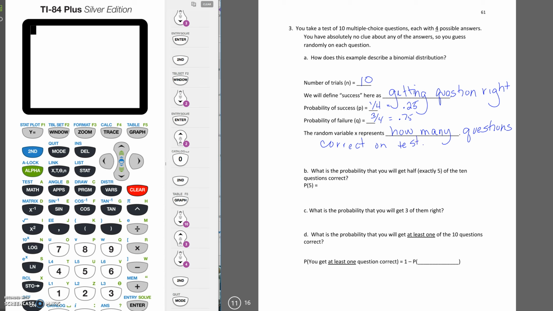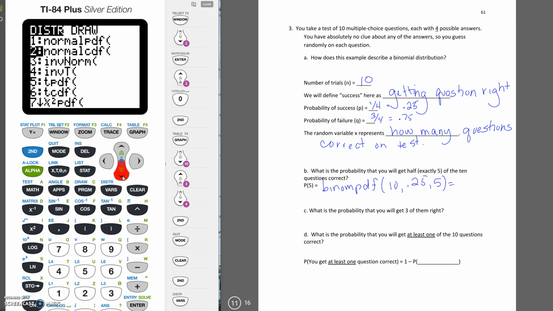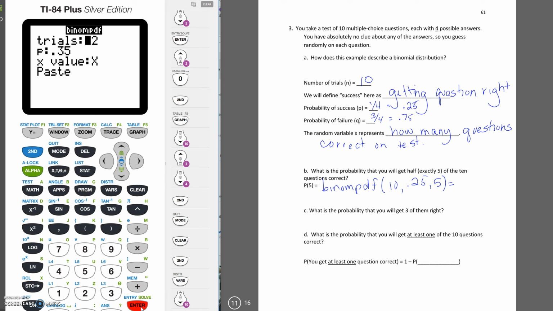So part B says, what is the probability that you get exactly 5 of the 10 questions correct? So we're going to do on our calculator binom PDF. So remember, we put our n first. So 10 questions. Our probability of getting a question right, 0.25. And here we want to know exactly 5. So trials was 10.